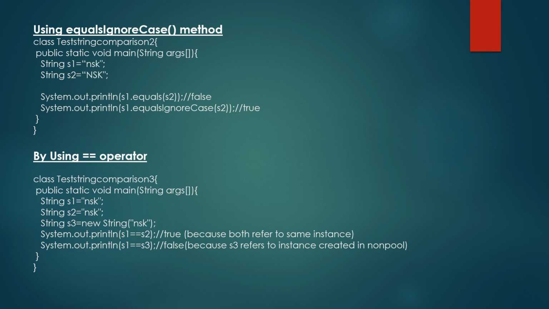So when I do the reference comparison, it will return true. When I do the reference comparison between heap memory and string constant pool memory, it will return the value as false, because these two are stored in two different places. So the hash codes of these two references will be different.